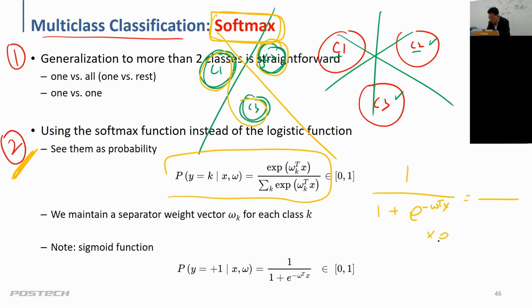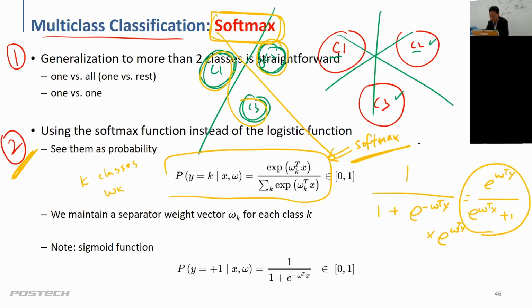If we have k classes, now we have k omegas, the column vectors, and this is how we define softmax.